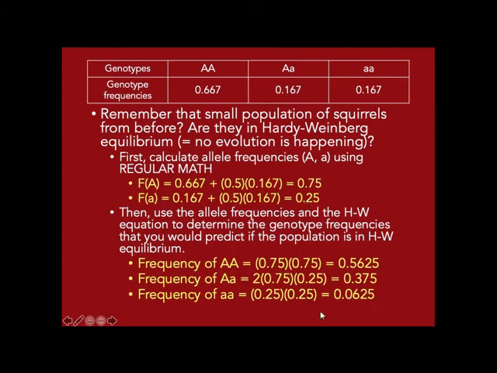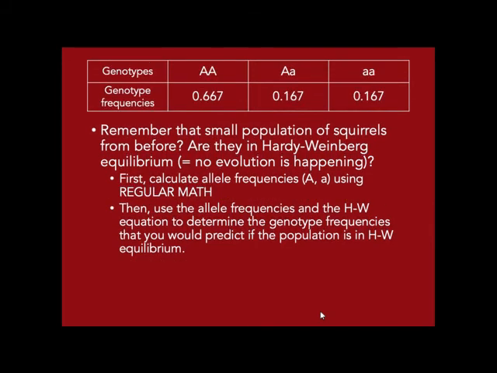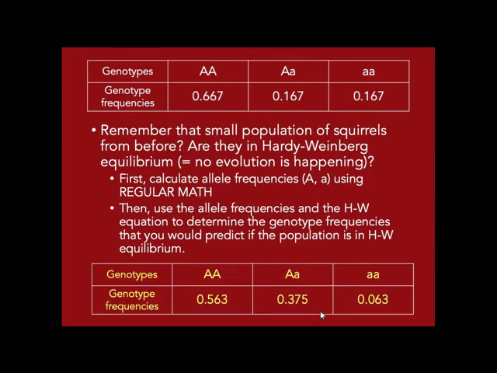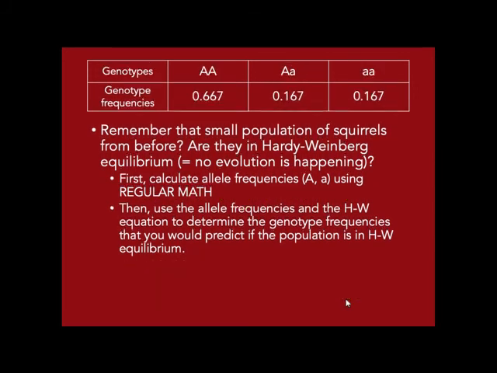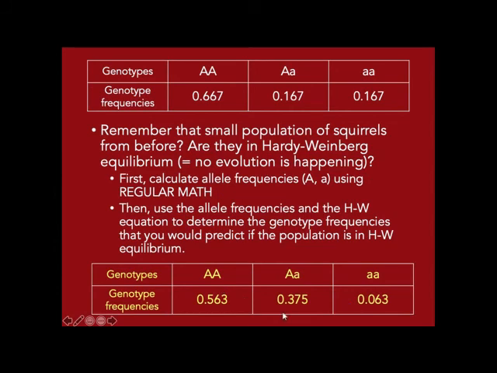Okay, all right, so this gives us the genotype frequencies that we would predict using Hardy-Weinberg. Okay, so these are the frequencies that we just calculated, right? In the previous problem. All right, so there they are.